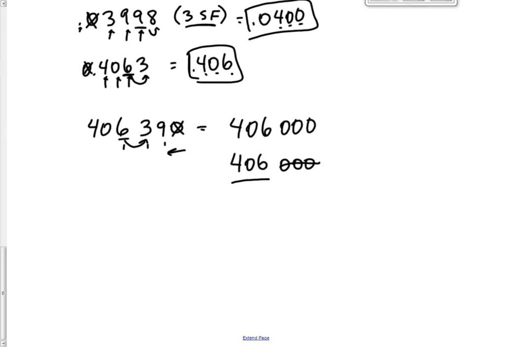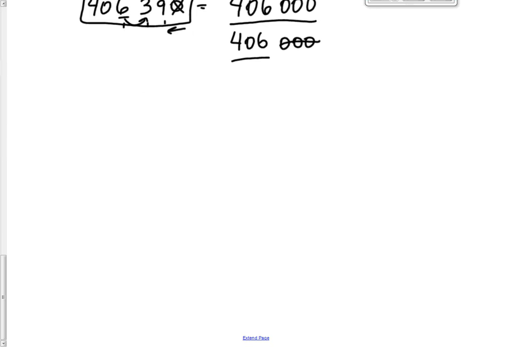Okay, they do add to the value. So you need to make sure that if you're rounding a number that is something large, like in the hundreds of thousands, you need to end up with something that is in the hundreds of thousands. Okay, this number right here, we still only have 1, 2, 3 significant figures. Okay, let's do one more example.